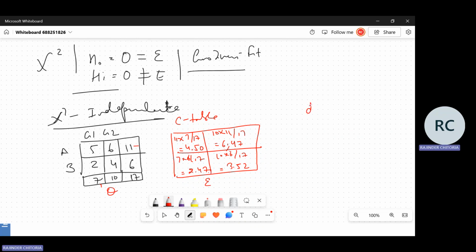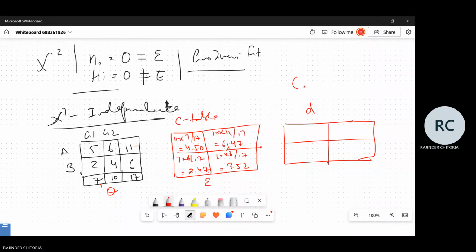So we are getting a difference here. The formula was observed minus expected, squared, divided by expected. So we'll run this formula for each cell. Here observed is 5 minus 4.5, divided by expected 4.5.